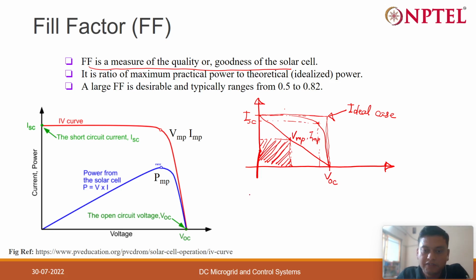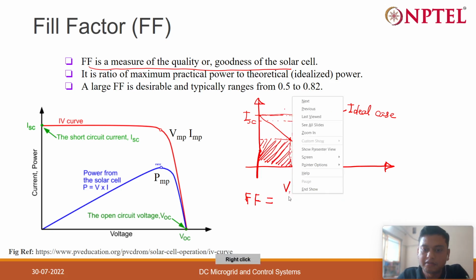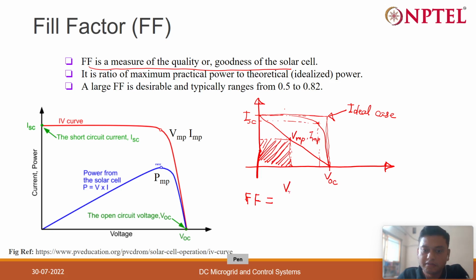So if you define the fill factor, it comes out to be the ratio of the maximum practical power, that is VMP into IMP, divided by VOC into ISC, the theoretical idealized power that we will never get.